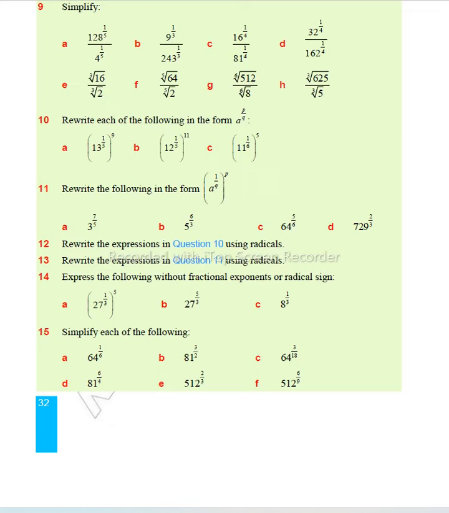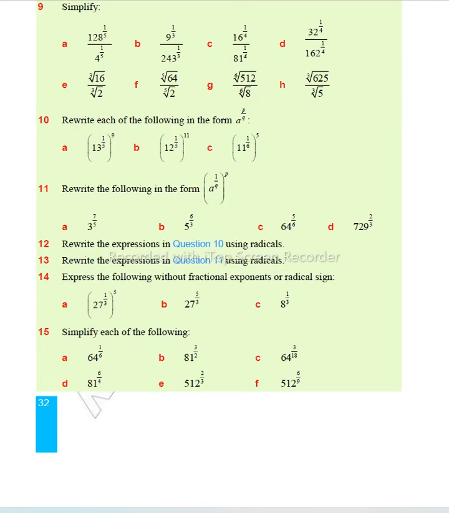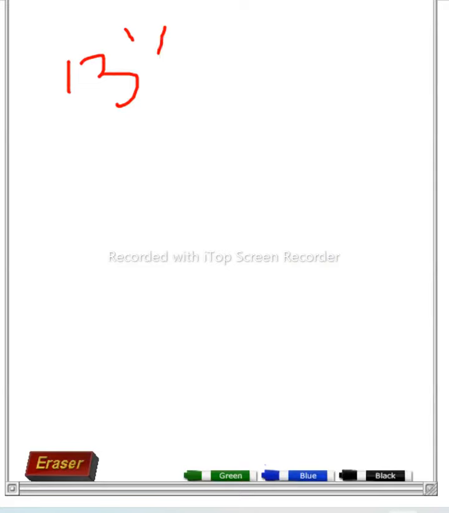Direct multiplication is better for this question. The first, A, says 13 to the power of 1 over 5, again in the bracket to the power of 9. Let us do this with 13 to the power of 1 over 5 to the power of 9.